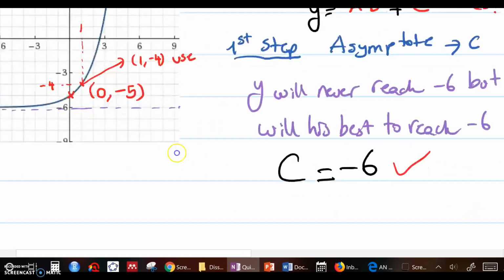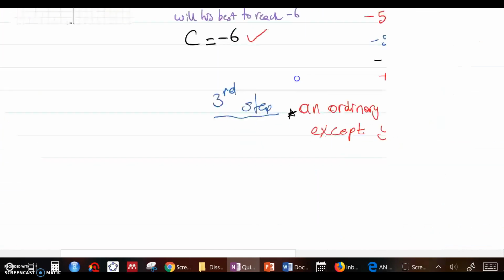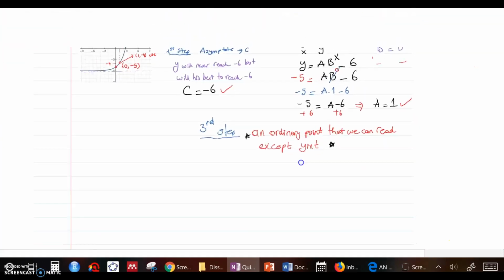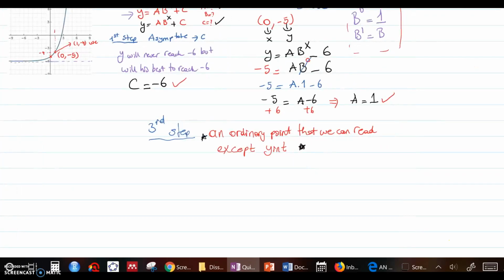The same manner that we used to find A. However, our equation has some findings in it now, like A and C. We know some of the unknowns there. So now the equation is y is equal to A, which is 1, I'm not writing it, or let's write it, times b to the power x, minus 6.